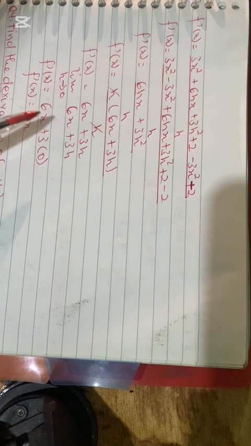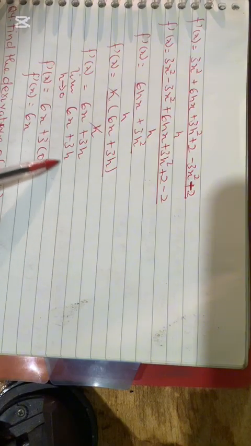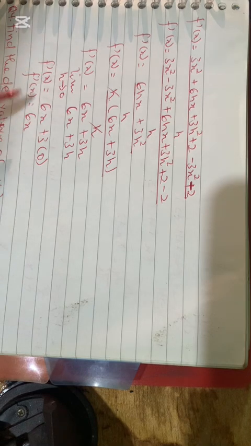We're going to have 6x plus 3 multiplying 0, because 3 is what is multiplying h. You get it? So wherever I see h, I replace with 0. So 3 times 0 is 0, right? So f prime of x becomes 6x. Please note that f prime of x is the same as dy dx, so don't get confused.